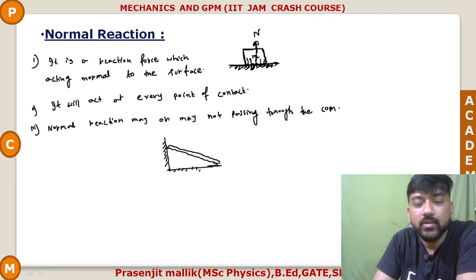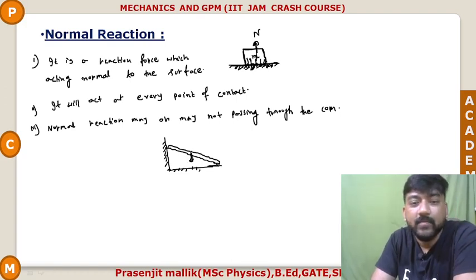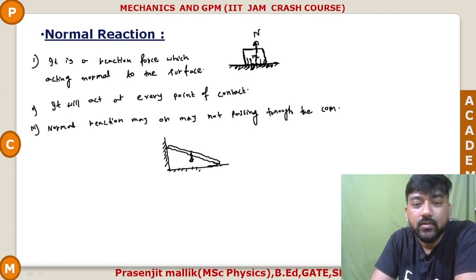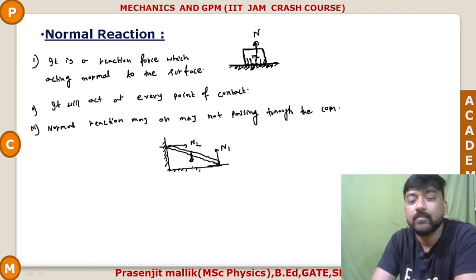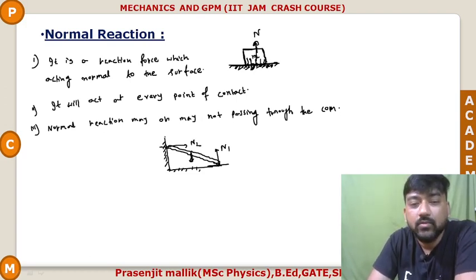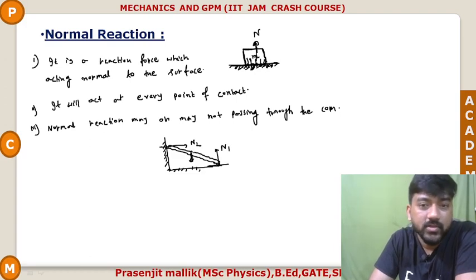So what you can see is this is the center of gravity, or center of mass you can say, but at this point the normal reaction will be perpendicular to the floor here. At this point the normal reaction will be perpendicular to it. So it will be perpendicular to the contact surface, but it is not necessary that it will pass through the center of the object or the center of mass of the object.